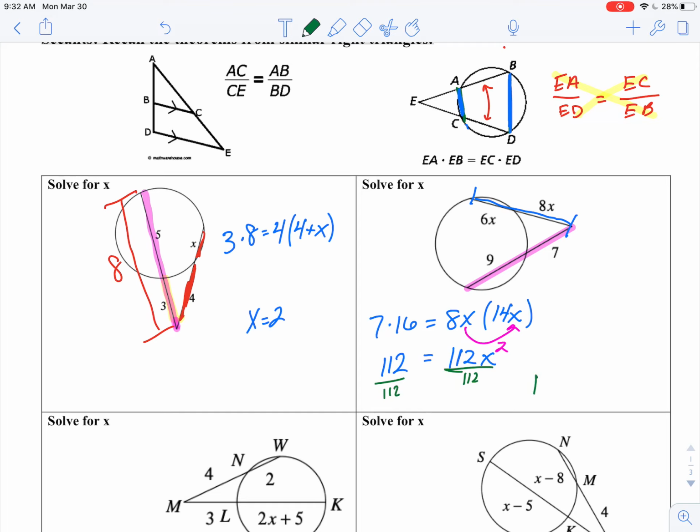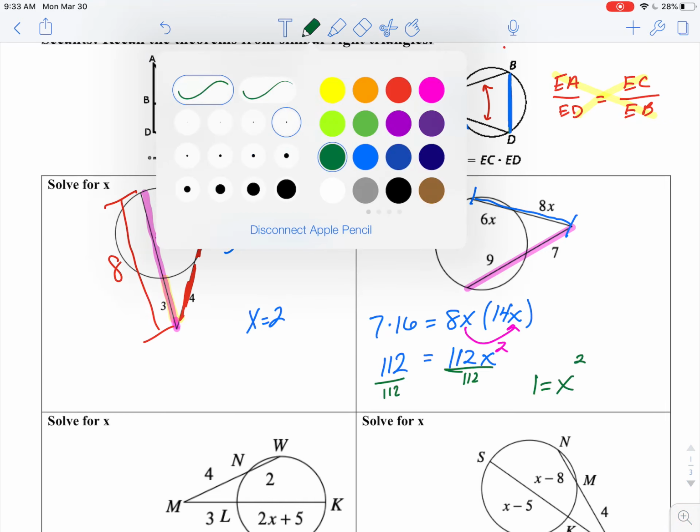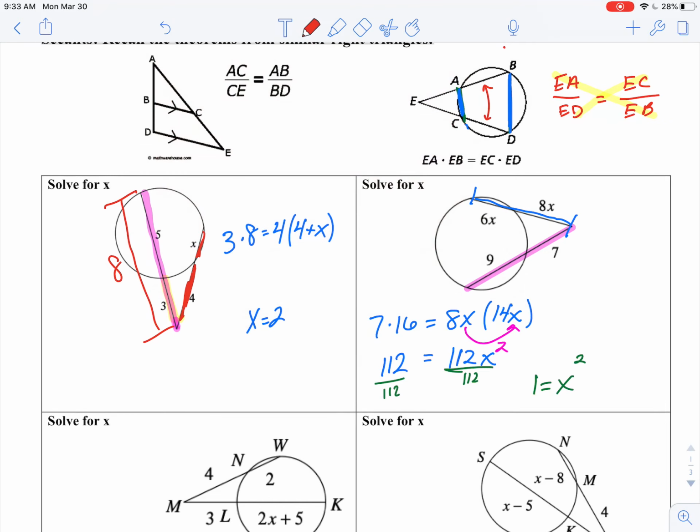So if I divide the 112 from both sides to get x squared by itself, I get 1 equals x squared. And now what's the opposite of squaring a number? I can square root to get rid of that. So x is 1.